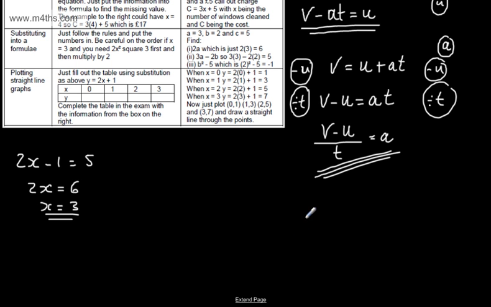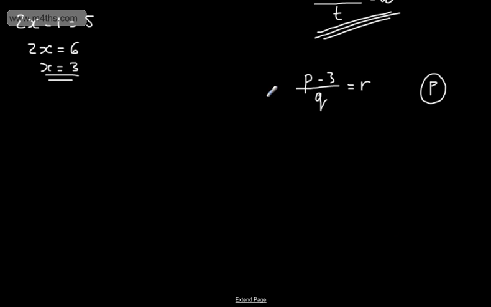So let's say we had p minus 3 divided by q is equal to r, and we wanted to make p the subject of this equation. The first thing I'm going to do is multiply both sides of the equation, or the formula, by q. So we can say that p minus 3 is equal to q times r.